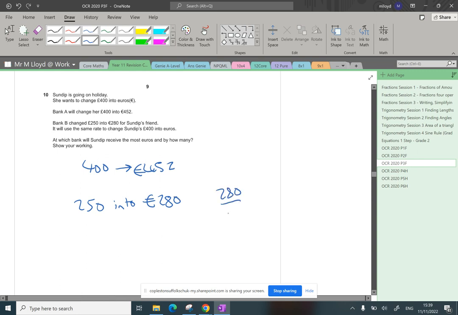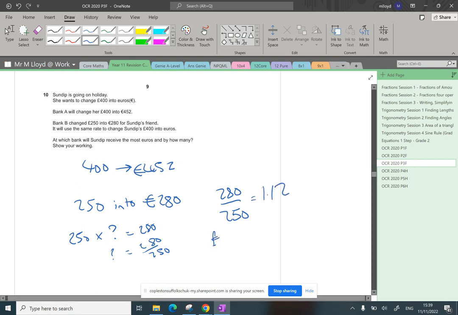So 280 divided by 250, because it was 250 times by a rate to get 280. So divide 280 by the 250 will give us the rate of the exchange. So 280 divided by 250 is 1.12.